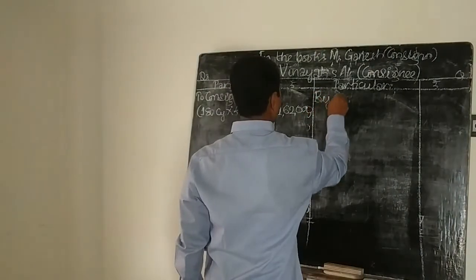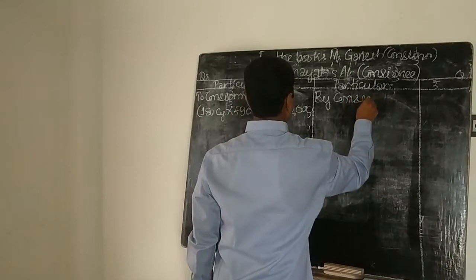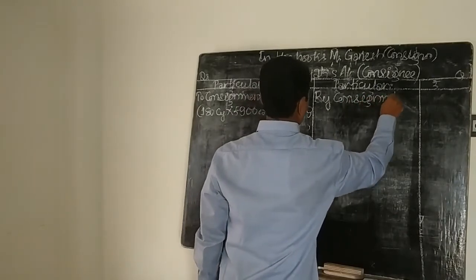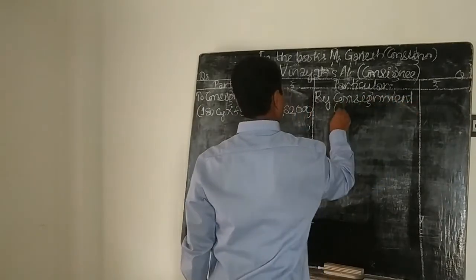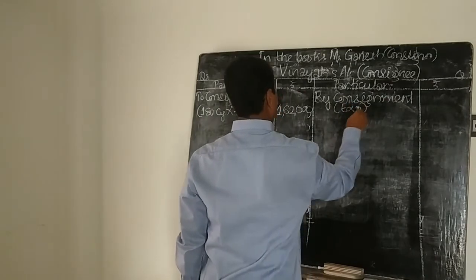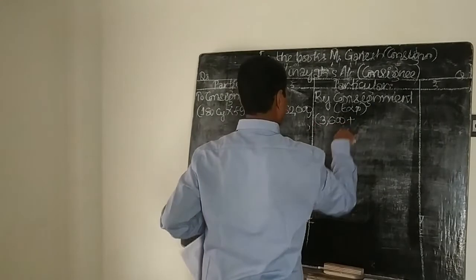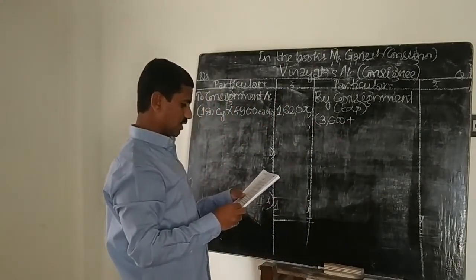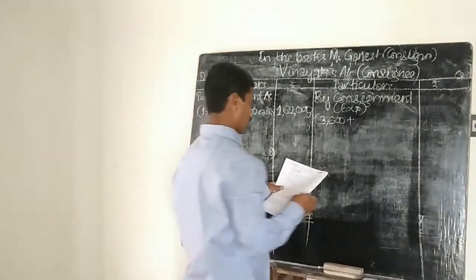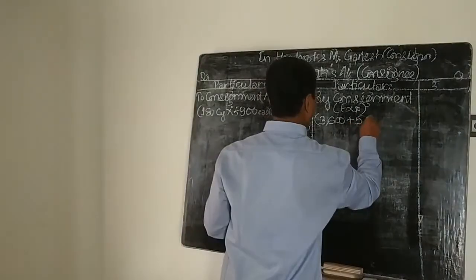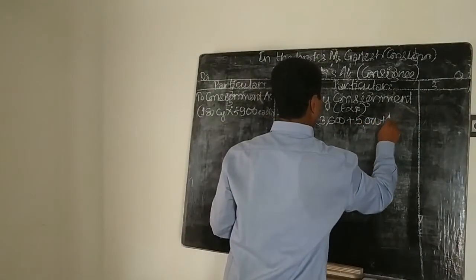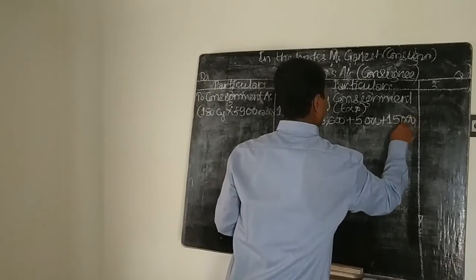So Vinayak's account is credited by consignment here. So it is expenses here. So he has paid 3,600 as the unloading charges. Then he has also paid 5,000 as godown rent plus 15,000 he has paid as selling expenses.